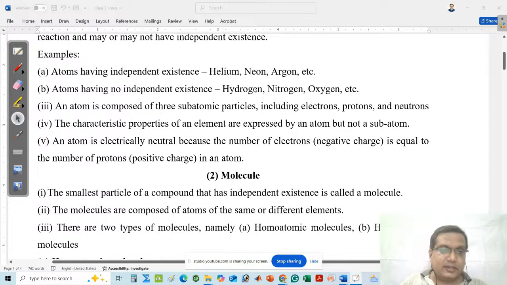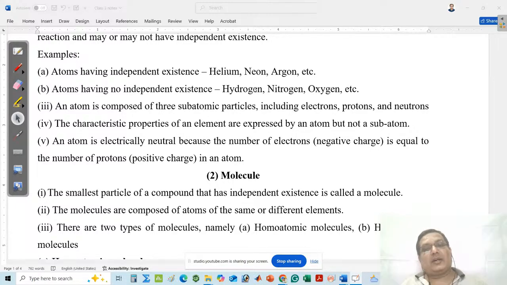We know that the number of electrons and protons are the same in an atom. But remember one important point: the charge of an electron is negative, but the charge of a proton is positive, but they have the same magnitude.